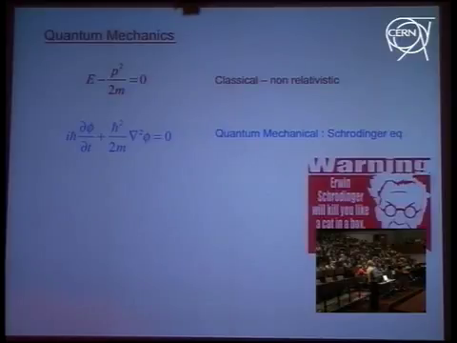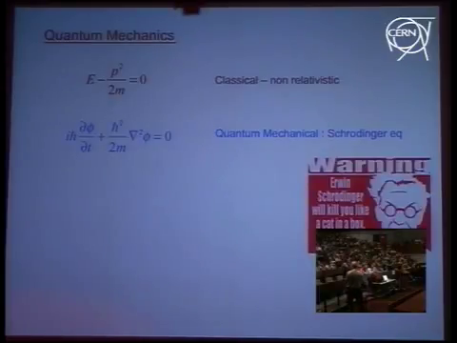And the second part, I've replaced the momentum by h bar d by dx, d by dy, d by dz. So I get del squared entering here. This is a quantum mechanical analog of the classical equation, the Schrödinger equation.